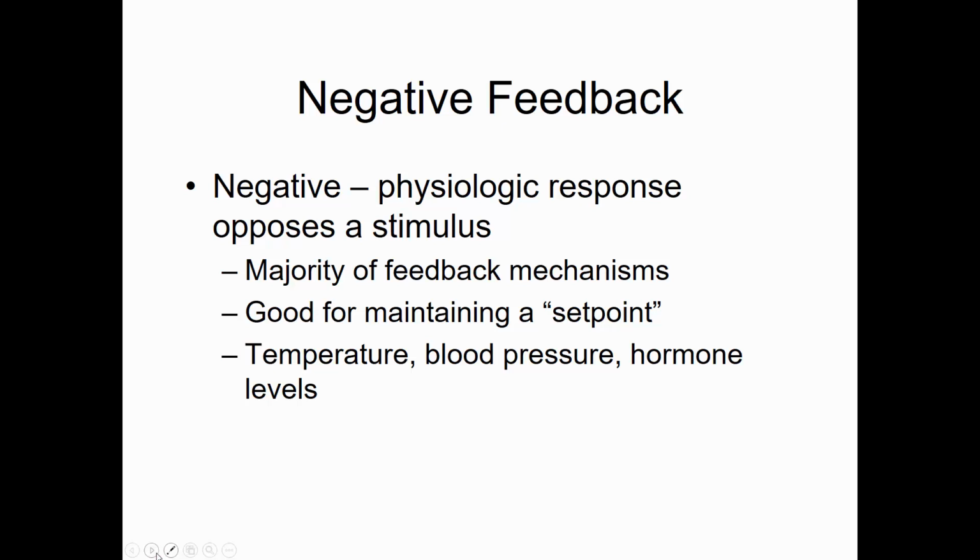The major way we regulate parameters is through negative feedback. What that means is there's a physiologic response to some stimulus, and that response opposes the stimulus. That's the majority of our feedback mechanisms. It's very good for maintaining a set point.